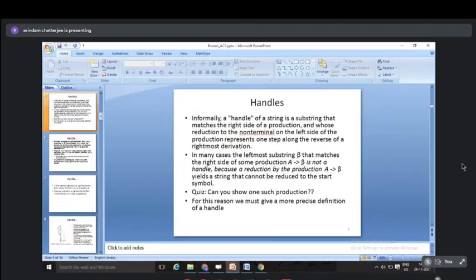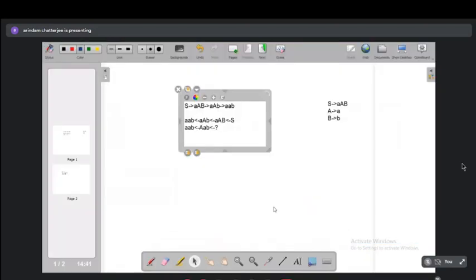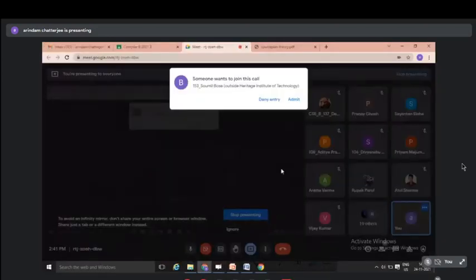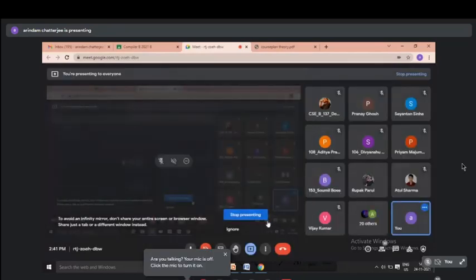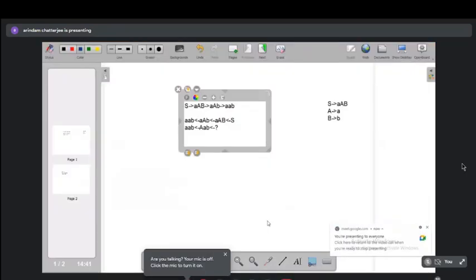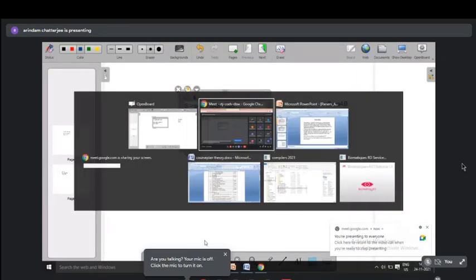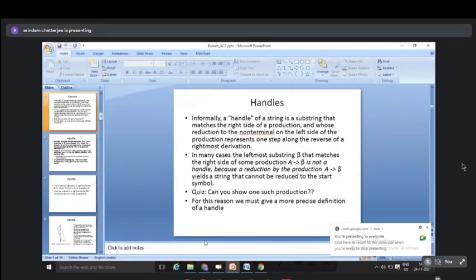In many cases, the leftmost substring beta that matches the right side of some production A producing beta is not a handle, because a reduction by the production A producing beta yields a string that cannot be reduced to the start symbol.